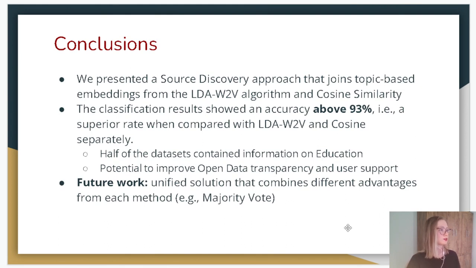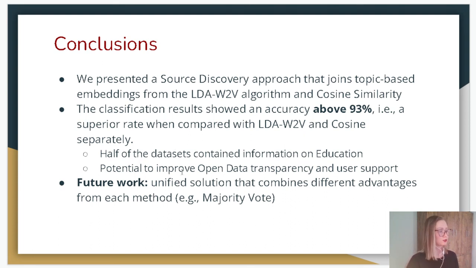As conclusions from our study, we presented a source discovery approach that joins topic-based embeddings from LDA, word2vec algorithm, and cosine similarity, and the classification results showed an accuracy above 93%, a superior rate when compared with the isolated methods.